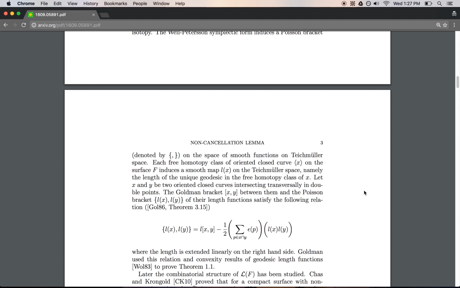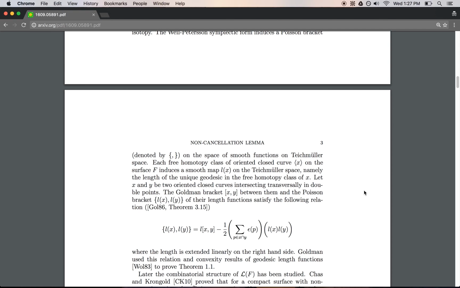Each free homotopy class of oriented closed curve x on the surface F induces a smooth map L of x on the Teichmuller space, namely the length of the unique geodesic in the free homotopy class of x. Let x and y, not in angle brackets, be two oriented closed curves intersecting transversely in double points.